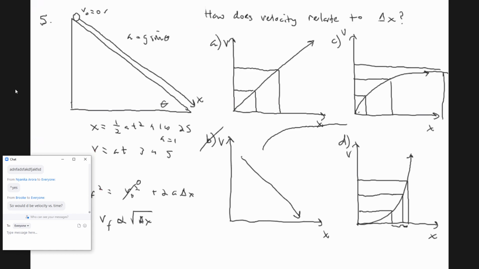So x is increasing more horizontally than in the y vertically. I'm giving you practical numbers here of x versus v, given time being 3, 4, 5 seconds. Okay. Does that make sense?